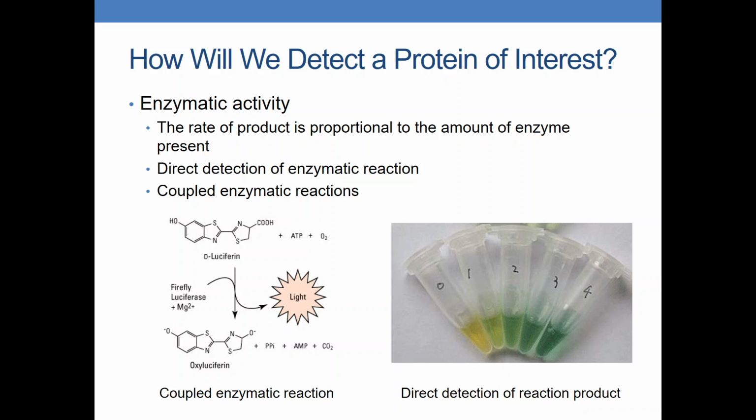But the point of this slide is really to just get you to realize that what we are doing, whether it be indirect or direct, we are following the enzymatic activity. So if the rate of product formation is proportional to how much enzyme you have present, having a method to observe and quantify how much product is formed is crucial to knowing how much enzyme you have present also.